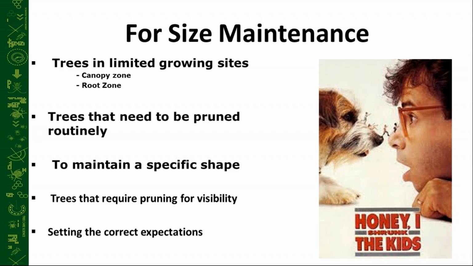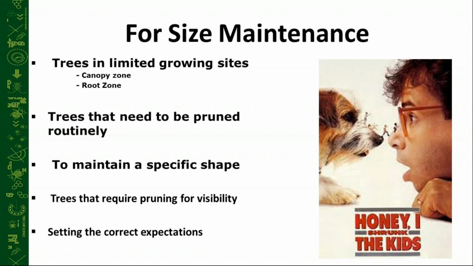So think of trees that are in limited growing sites. Not only just the canopy size, if you have a courtyard or buildings adjacent to it, but also look at what do we have as the root zone? Do we have a limited growing space that, in 5-10 years, this tree is going to be too large for really what soil profile is available? Or maybe it's trees that need to be pruned routinely. Think about light fixtures, security cameras, windows, roofing, so on and so forth.